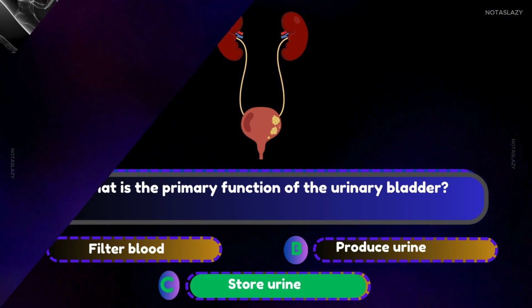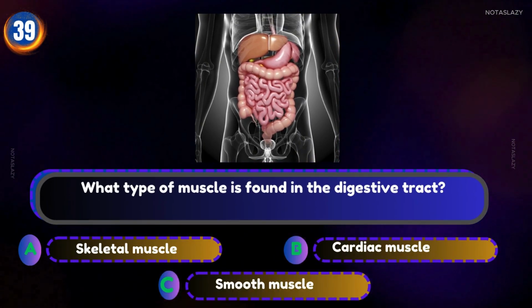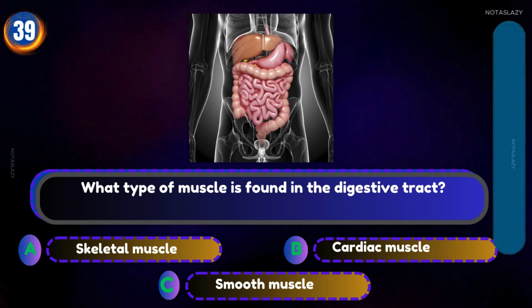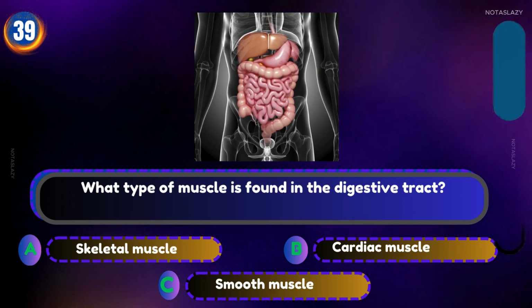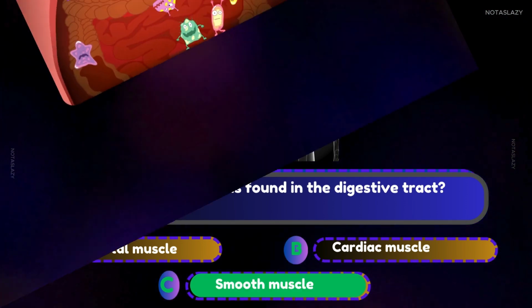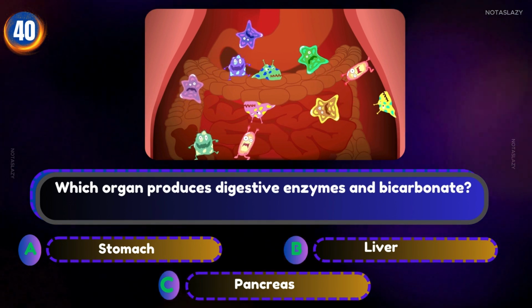Store urine. What type of muscle is found in the digestive tract? Smooth muscle. Which organ produces digestive enzymes and bicarbonate?